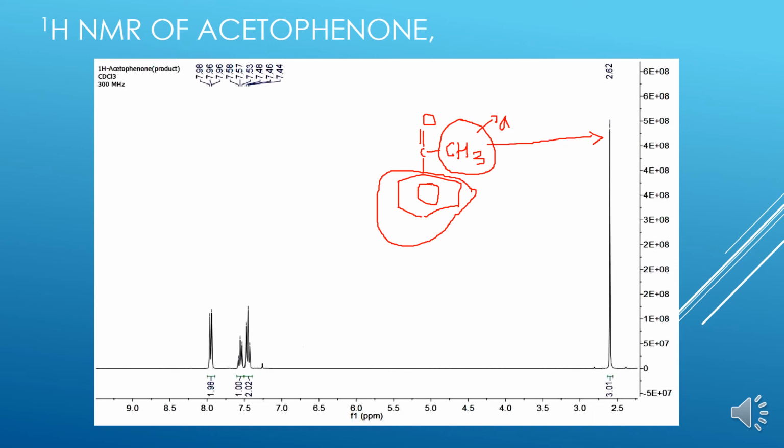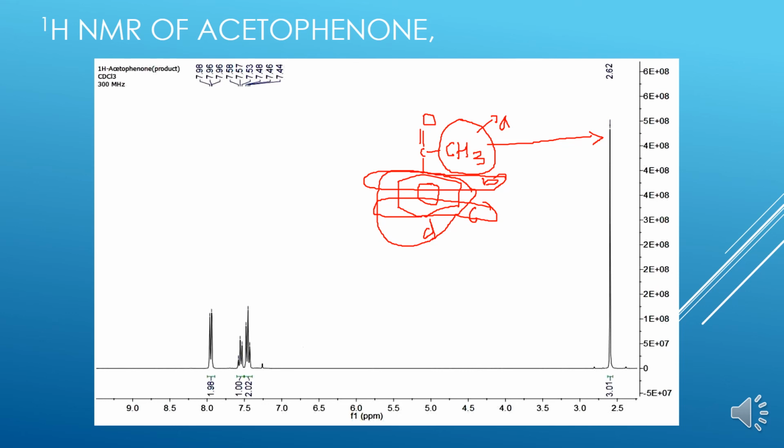As far as the aromatic protons are concerned, there are ortho protons, meta protons and para protons. Ortho protons are labeled as B, meta protons are labeled as C, and para protons are labeled as D. Two ortho protons, two meta protons and only one para proton are available in the aromatic ring.